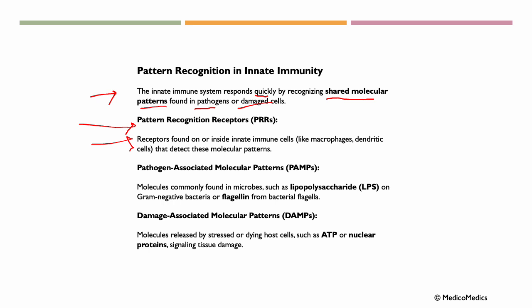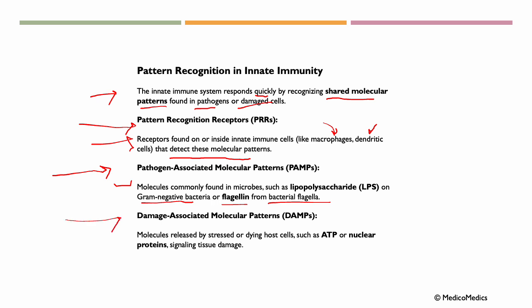These are receptors found on or inside innate immune cells, like in macrophages, dendritic cells, for example, that help detect these molecular patterns. We have pathogen-associated molecular patterns, or PAMPs. So molecules commonly found in microbes, such as lipopolysaccharide, LPS, on, for example, gram-negative bacteria, or flagellin from bacterial flagella.